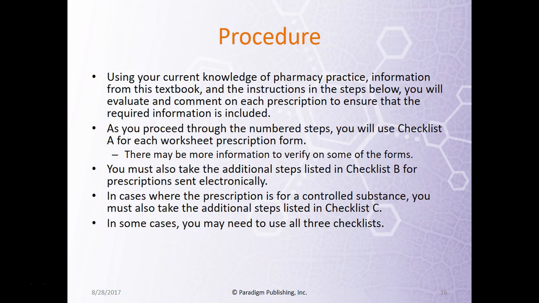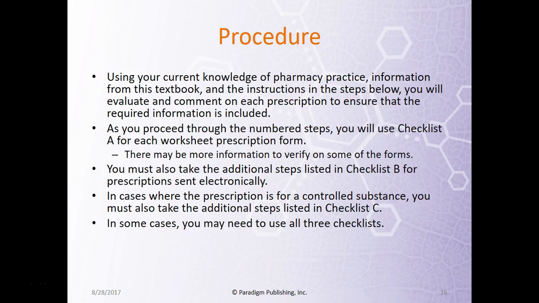The procedure for reviewing the prescriptions as they're coming in. Using your current knowledge of pharmacy practice and information from the textbook and the instructions and the steps that will follow, you're going to evaluate and comment on each prescription to ensure that the required information is included. As you proceed through the numbered steps, you will use checklist A for each worksheet prescription form.